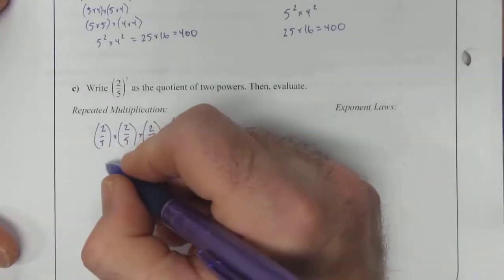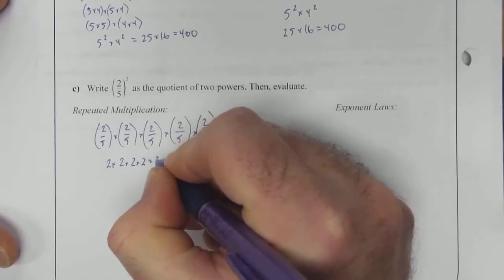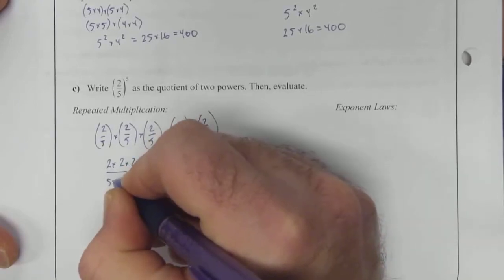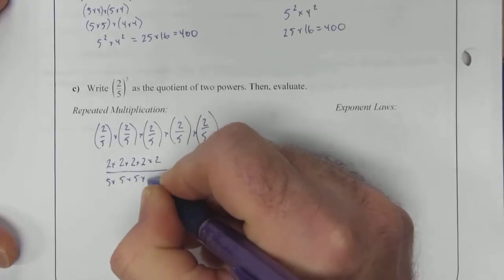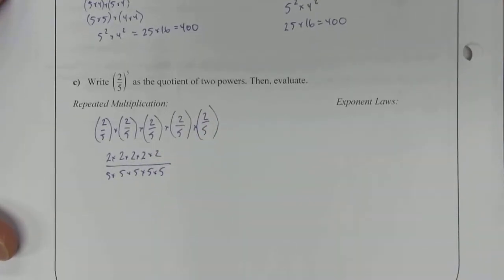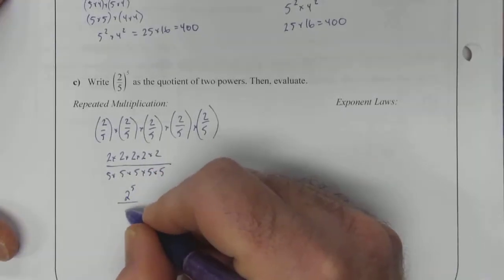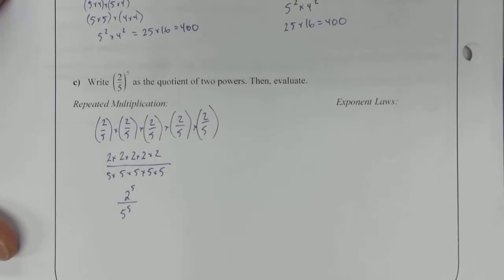Which you can rewrite as this. Which simplifies to 2 to the 5th over 5 to the 5th.